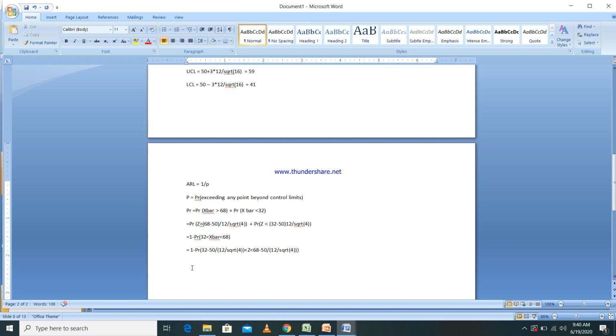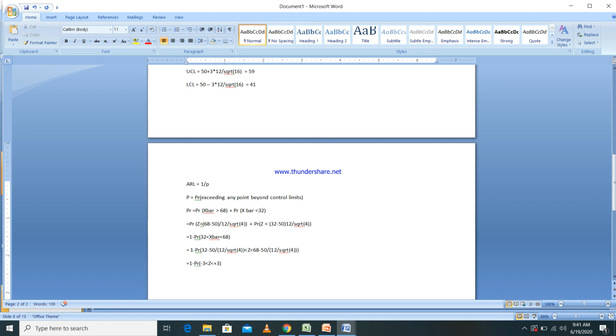So when you simplify this, you will get this one is equal to 1 minus probability minus 3 less than z less than plus 3.